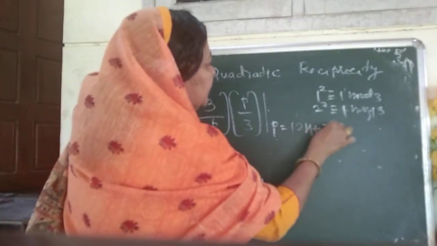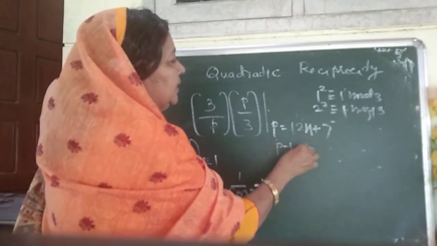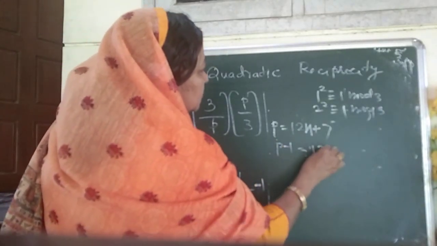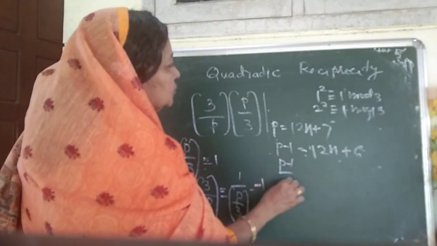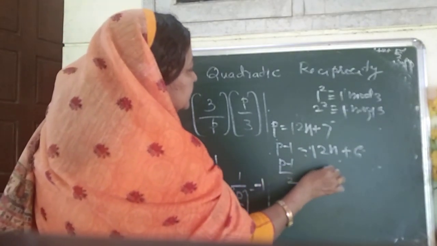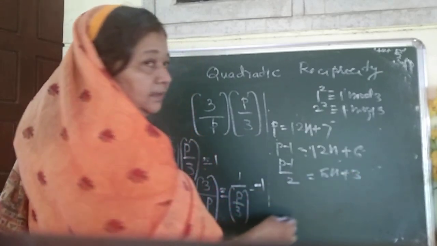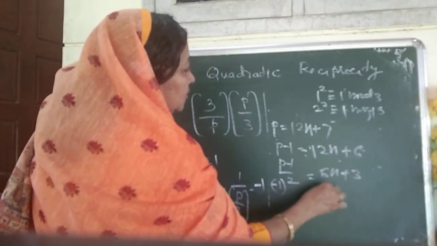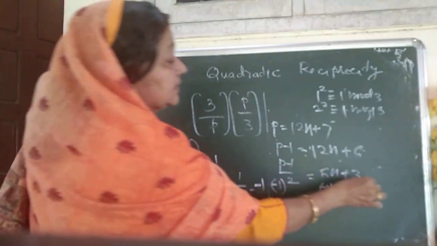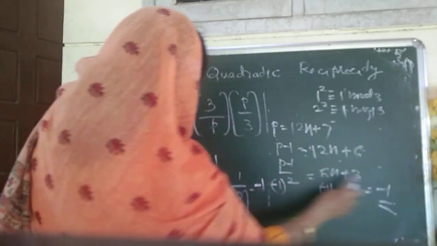For 12n plus 7, we know P minus 1 is 12n plus 6. Therefore, P minus 1 by 2 is equal to 6n plus 3. That is, minus 1 raised to P minus 1 by 2 is equal to minus 1 raised to 6n plus 3, which equals minus 1.